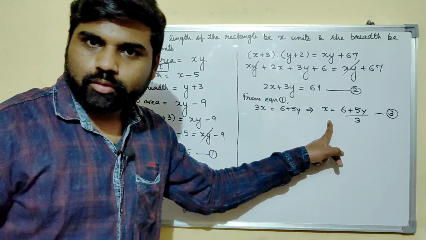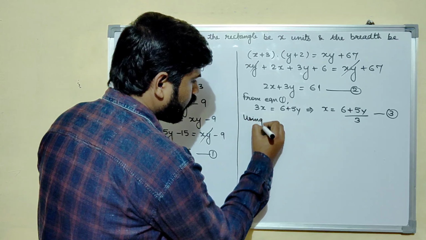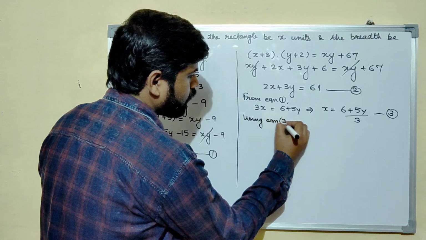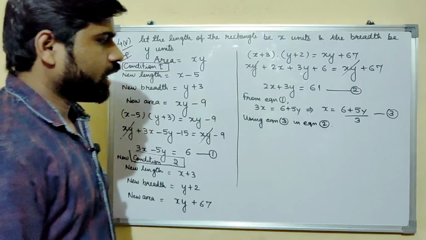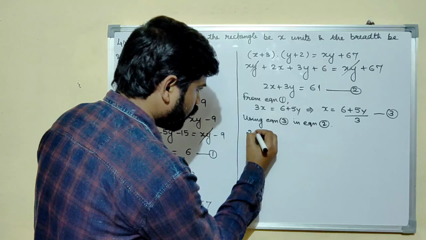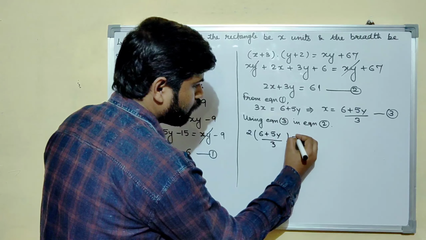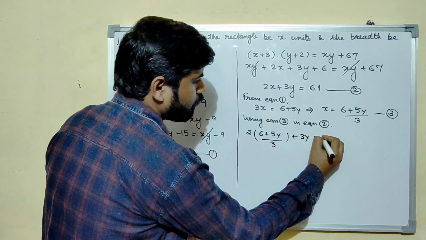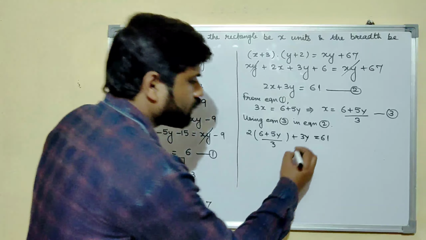Now substitute the value of x in the second equation, using equation 3 in equation 2. It will be 2 into (6 plus 5y) upon 3 plus 3y equals 61. Multiply 2 inside and just take the LCM simultaneously.